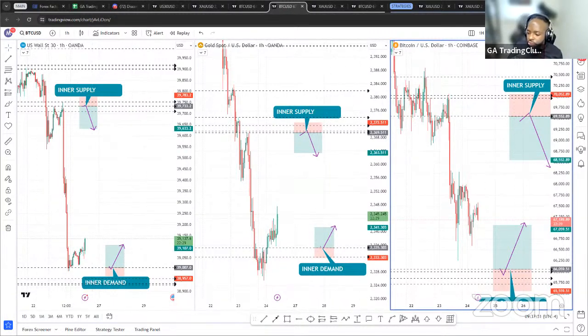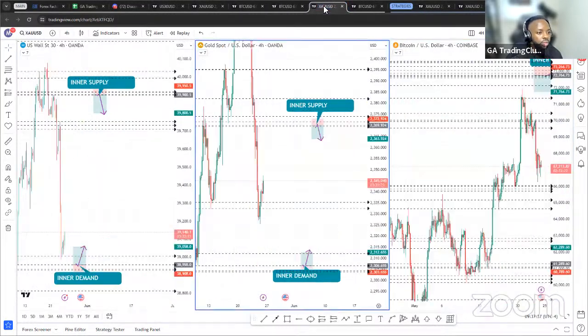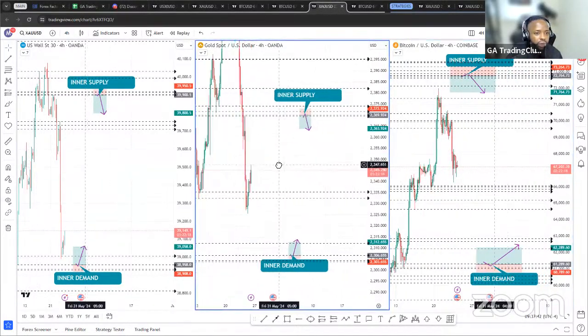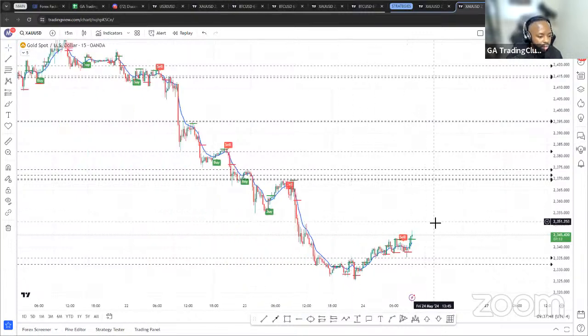So there's something I want us to check out. Since price was dropping heavily yesterday, we might be able to get a reversal entry. So let's see reversal entry.